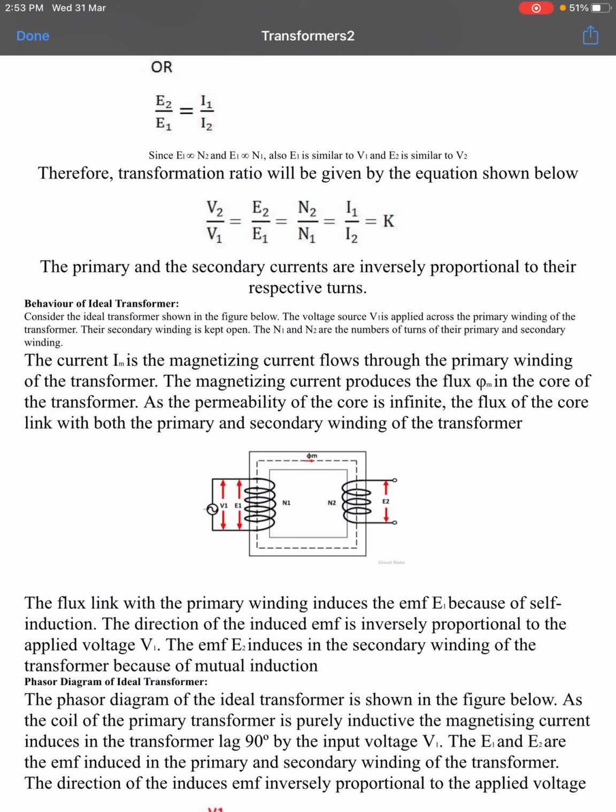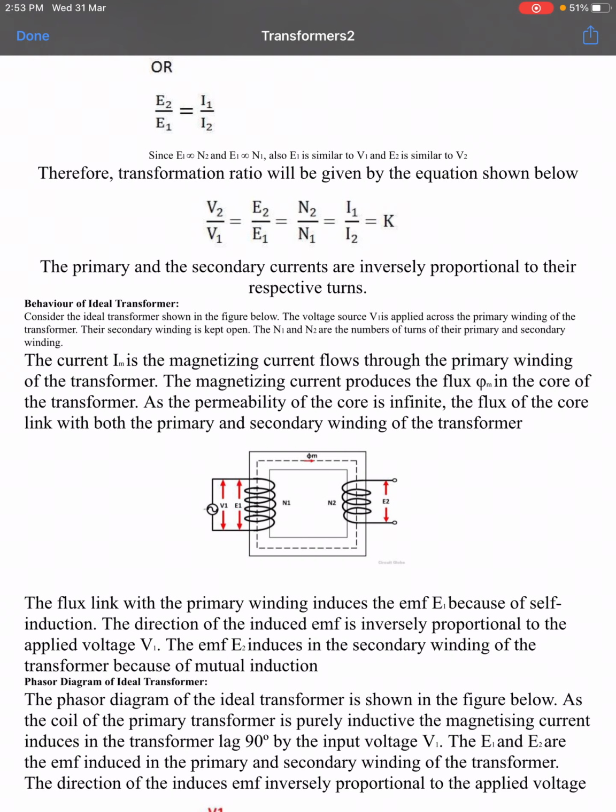As the permeability of the core is infinite, the flux of the core links with both the primary and secondary winding of the transformer. Here the flux linking with the primary winding induces an EMF because of self-induction. In the primary winding we have self-induction.